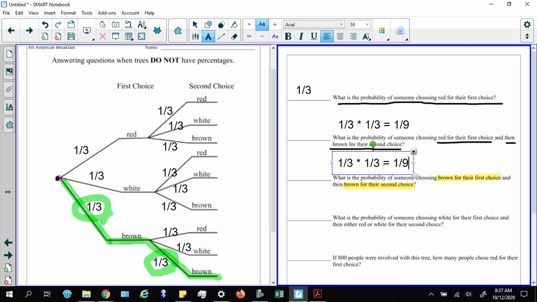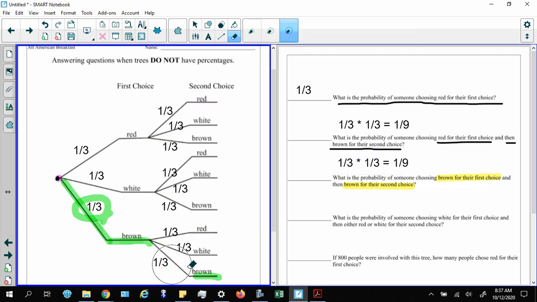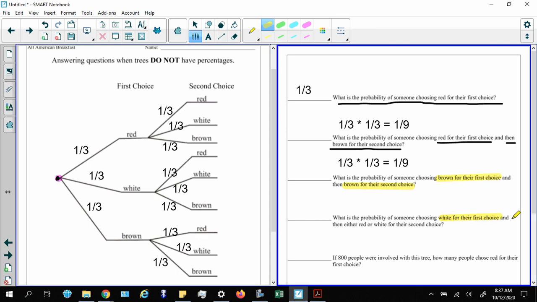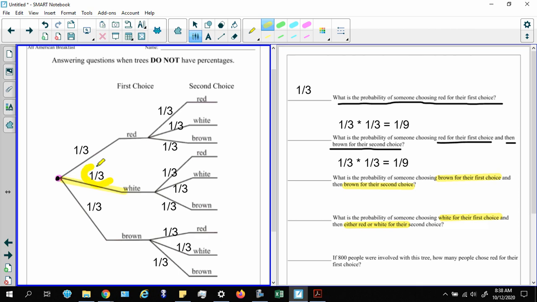All right. Now, for the next question, I think we're going to change it up a little bit. It says, what is the probability of choosing white for their first choice and then either red or white? So white is their first choice. Let's go ahead and do the white road. We should already know what's going on with this, so it's going to be 1 out of 3.